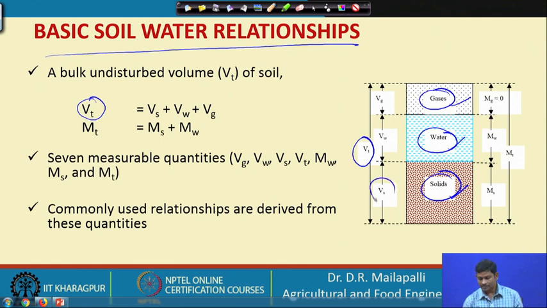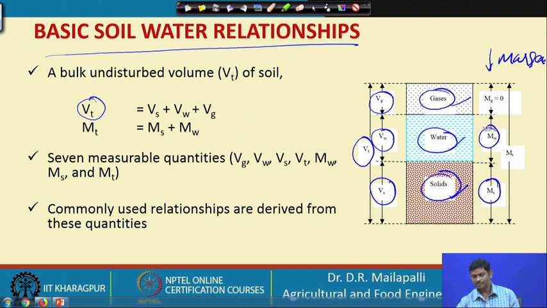The individual volumes are Vs, the volume of solids, Vw, the volume of water, and Vg, the volume of gas. Similarly, on this side are the masses: Ms is the mass of solids, Mw is the mass of water, and Mg is the mass of gas. Generally we consider the mass of gas as 0.